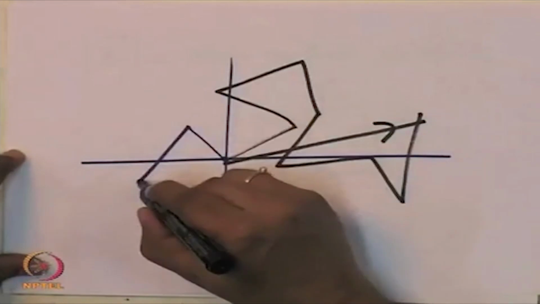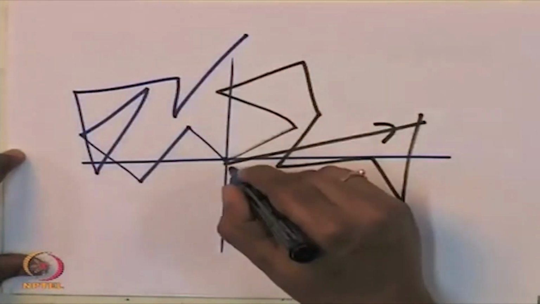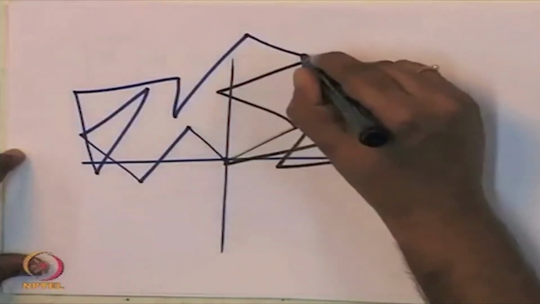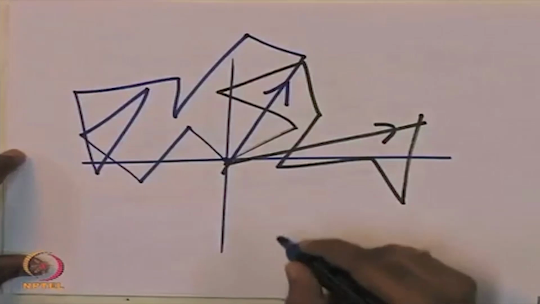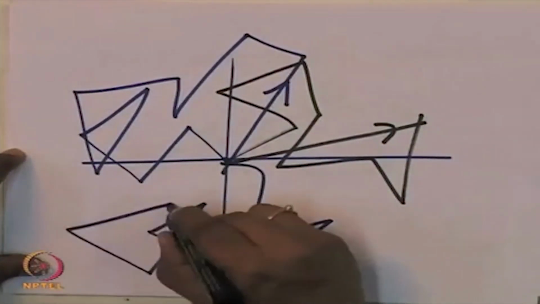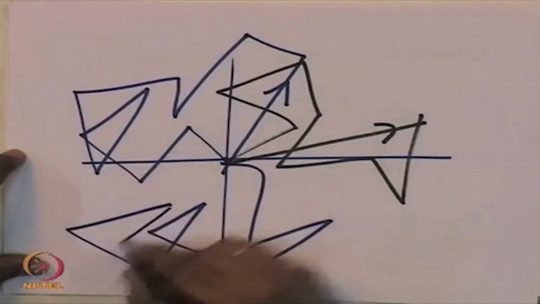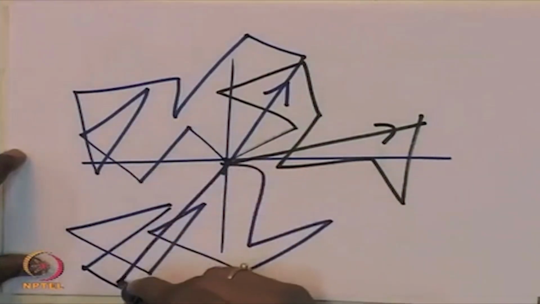The next one will have some other configuration like this, with an end to end distance like this. Some other protein will have some other completely random configuration. The end to end distance can be something like this.